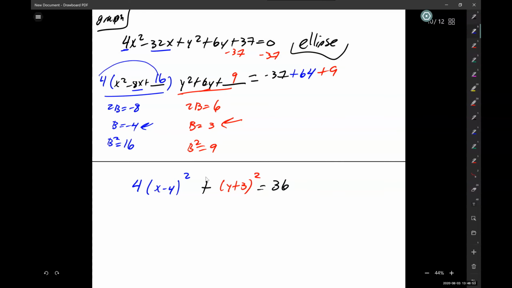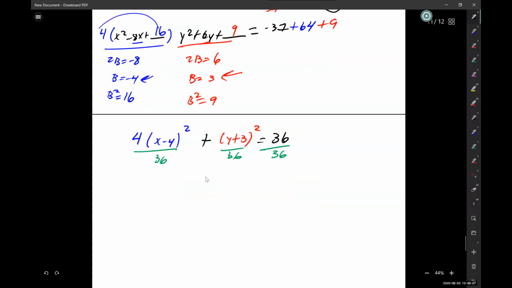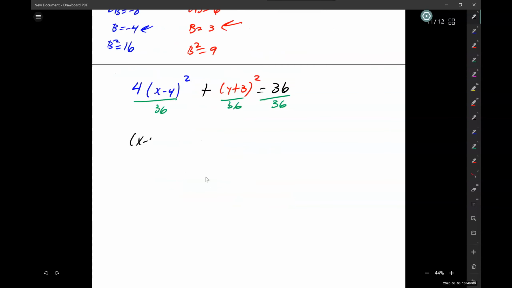Okay. Like we said, we want to make this right-hand side always equal 1. So I'm going to divide everything through by a 36. We're going to simplify some fractions and be left with x minus 4 squared. 4 over 36 simplifies down to be 9.